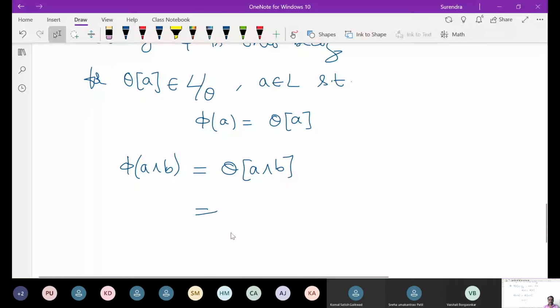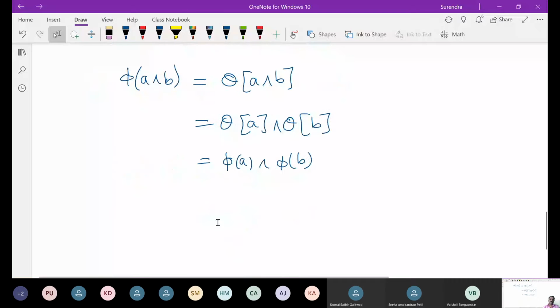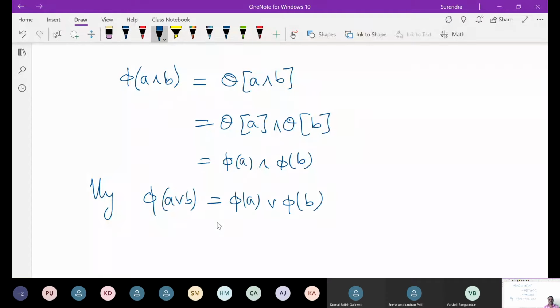This is the same as theta of A meet theta of B, and this is the same as phi of A meet phi of B. Similarly, you can prove that phi of A join B is phi of A join phi of B. That shows that this phi is an onto homomorphism.